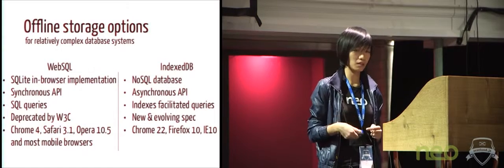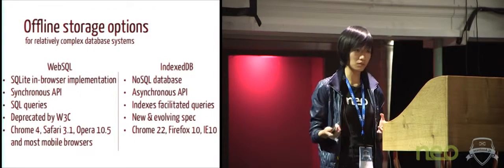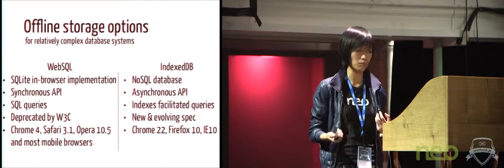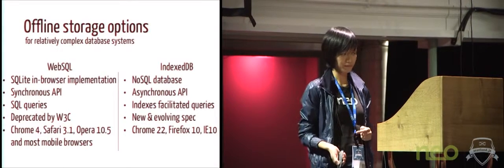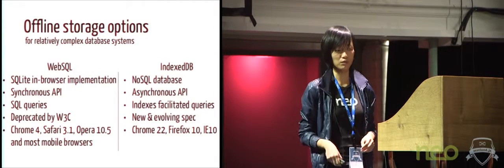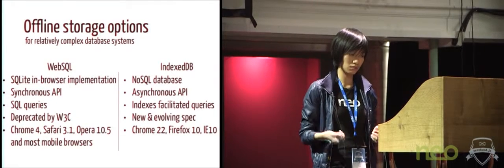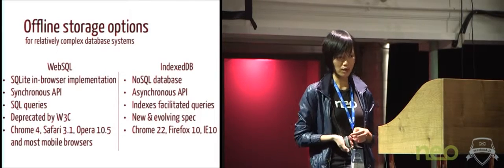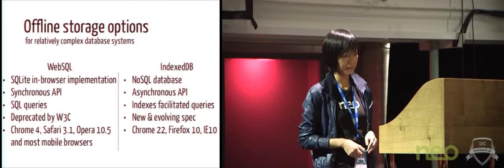It was deprecated by W3C in 2010, but it's still widely supported in Chrome, Safari, Opera, and most mobile browsers. On the other hand, IndexedDB is new. It has been chosen by W3C to be the future of web storage. It comes with an asynchronous API for now, and you use indexes to query your data. It's a new and evolving spec, and right now it's only supported by Chrome, Firefox, and IE.